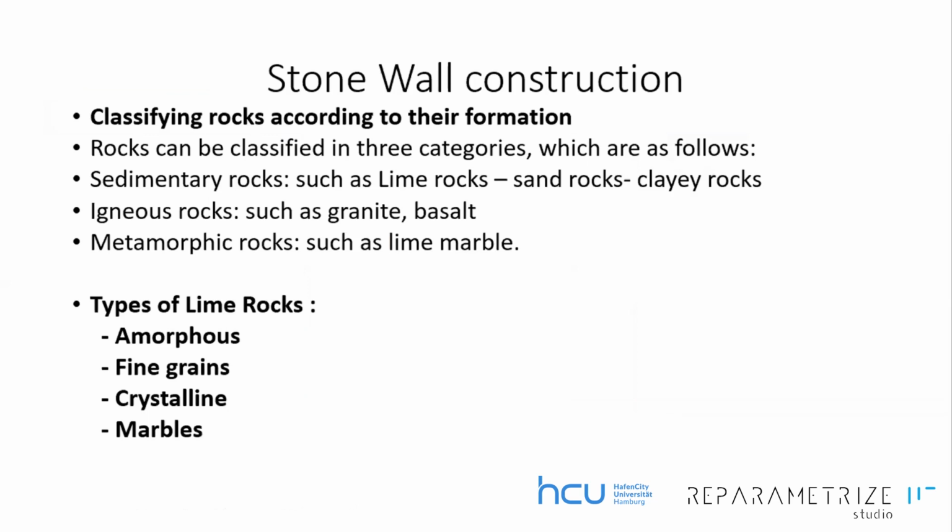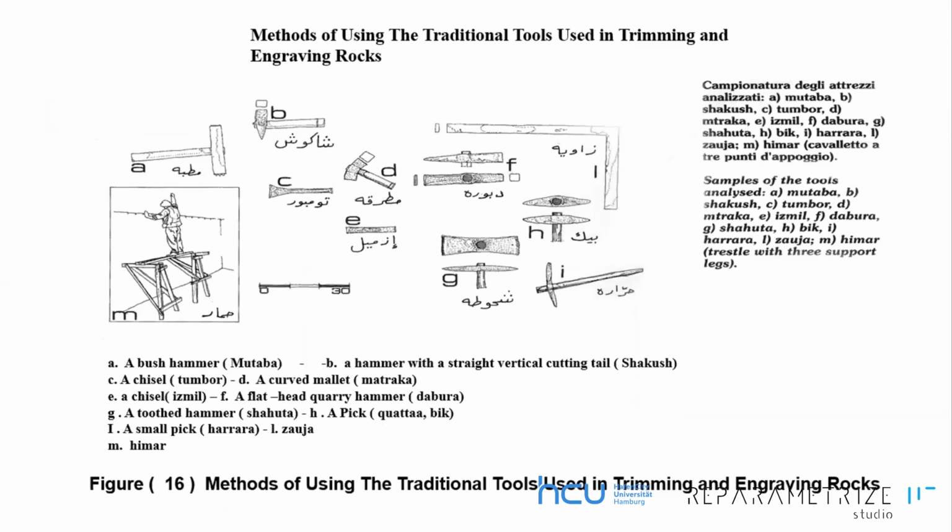And because we have a lot of experience in this area, especially in Syria, Damascus, and middle and north of Syria, we found this kind of construction dating back to maybe 3000 BC.